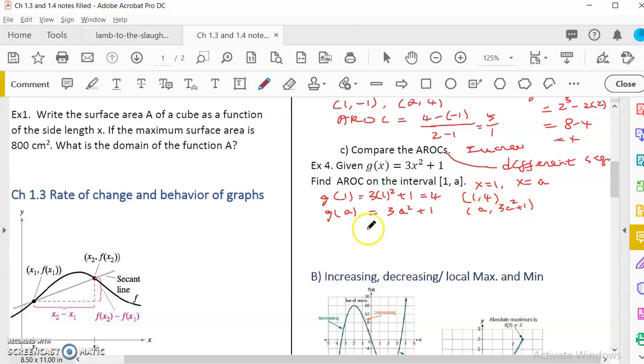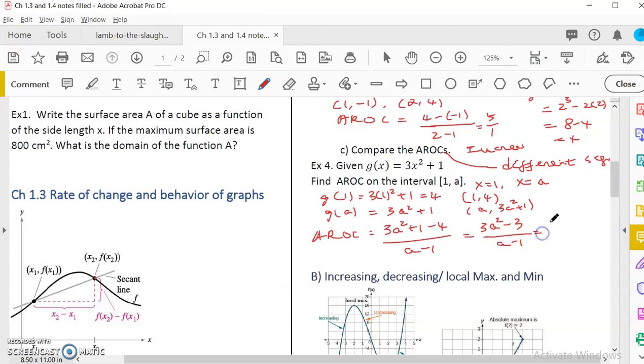So this point is kind of funky, but if we want to do AROC, we just do the same thing. Y2 minus y1: 3a squared plus 1 minus 4 over a minus 1. So it'll be 3a squared minus 3 over a minus 1.